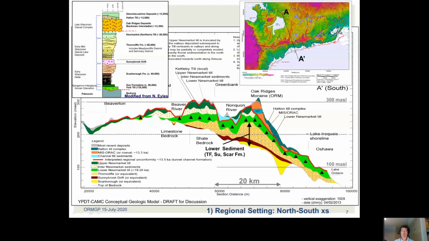There's that 250 meter thick package of Quaternary sediments over bedrock here in white. And for the most part, what we're looking at is from about, say, 135,000 years ago to about 20,000 years ago, we were basically looking at a large lake filling in this trough.